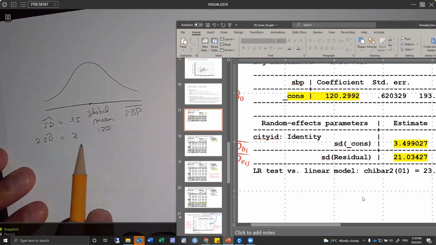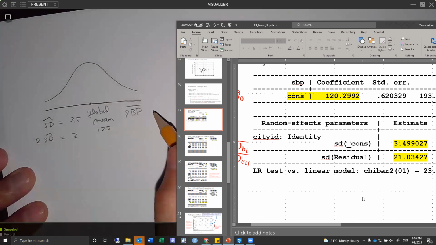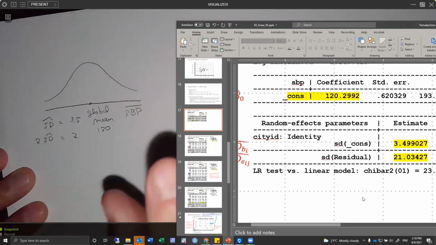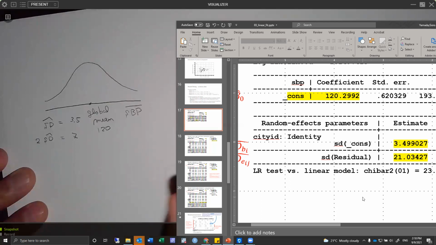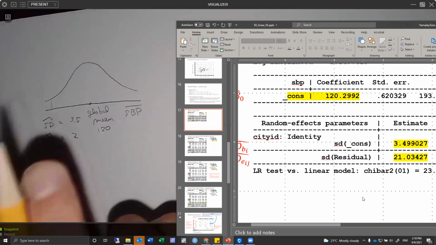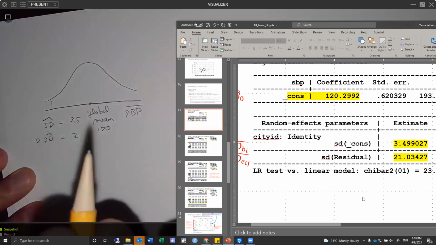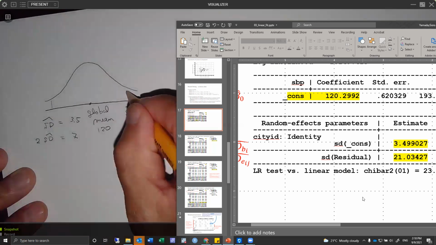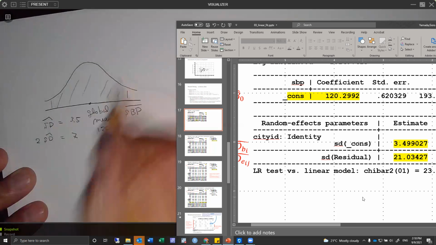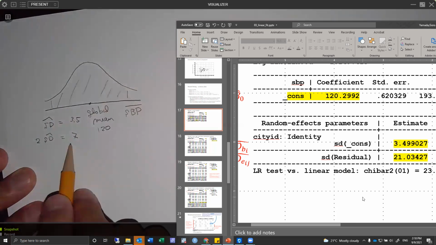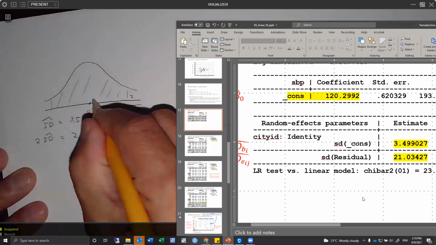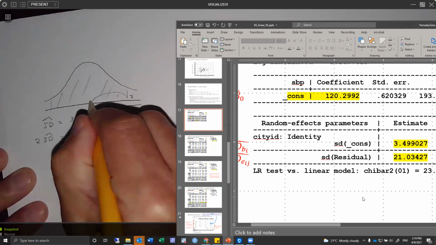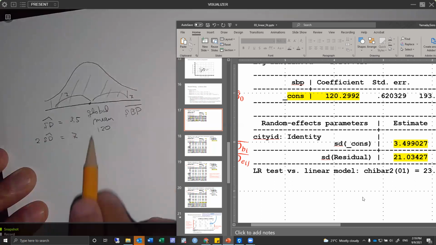So it means that 95% of the city, its mean systolic pressure will be within plus or minus 2 standard deviation, which is 7 from here and 7 from here. And the global mean is 120.